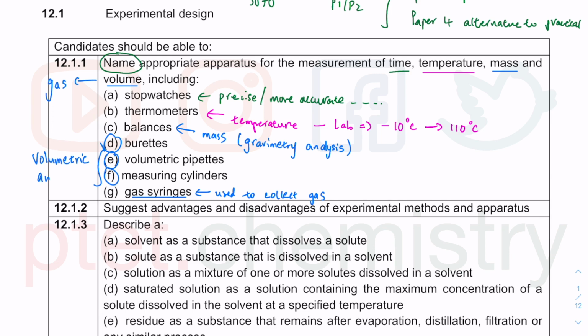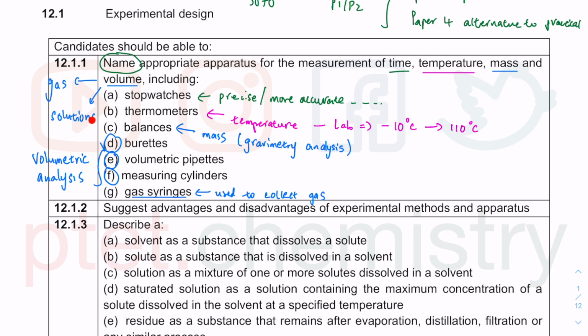Towards the end of the last topic on mole calculations, we talked about the mole in solutions, and you have already done titrations after that topic. So they're all related as well. That's to do with the volume of solutions.